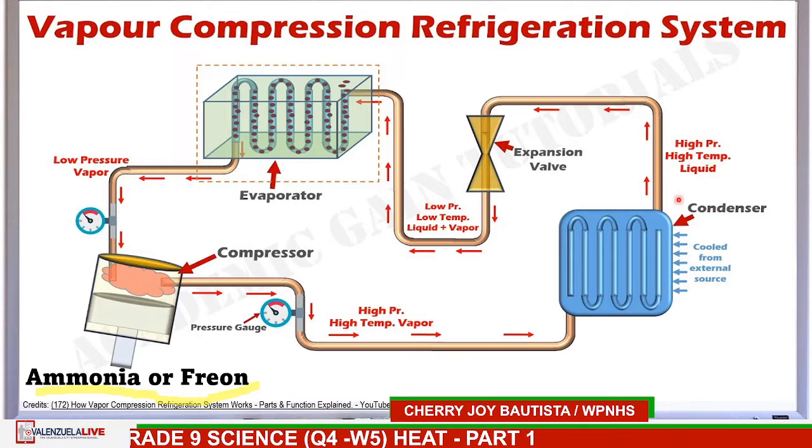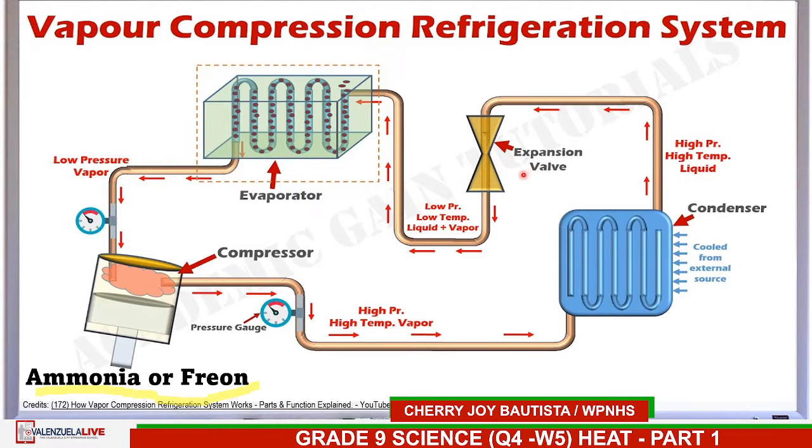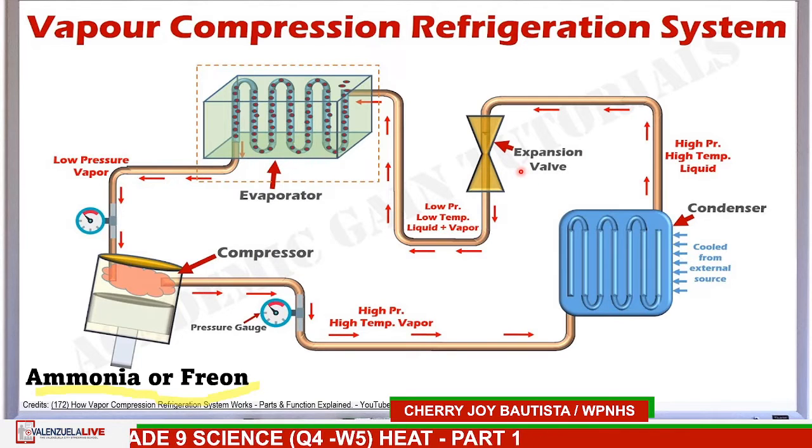Now, this high-temperature, high-pressure liquid refrigerant will leave the condenser and pass through this expansion valve, where it will be expanded inside. When expansion occurs, the pressure between the molecules decreases, thus the temperature falls.